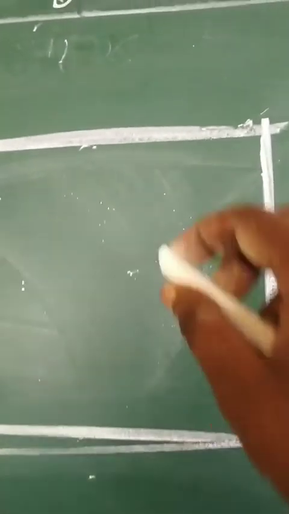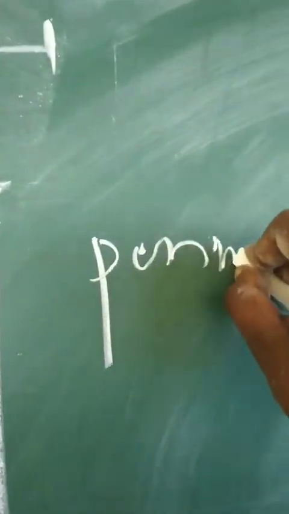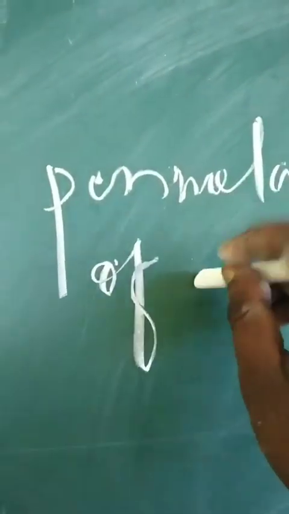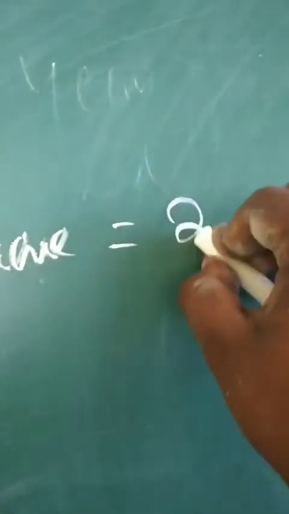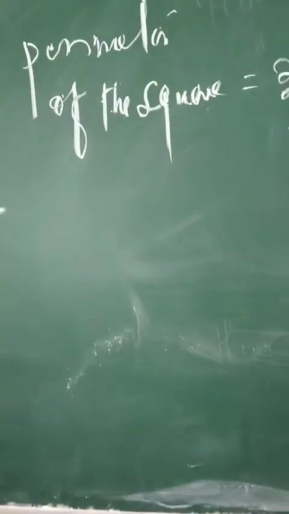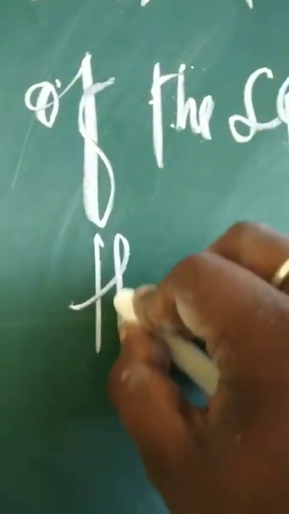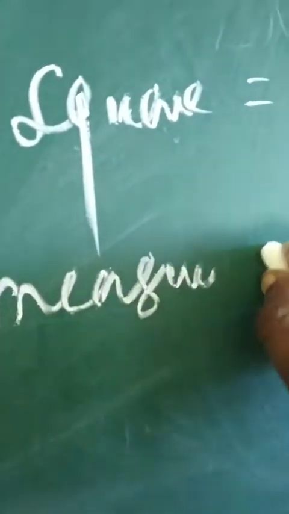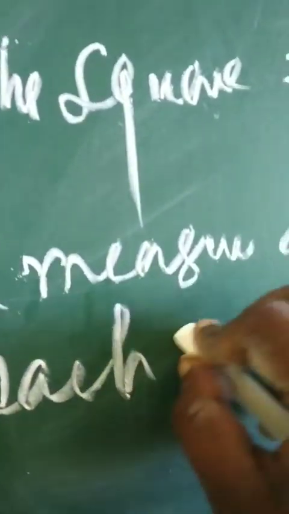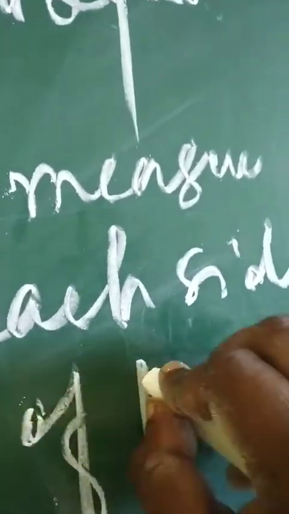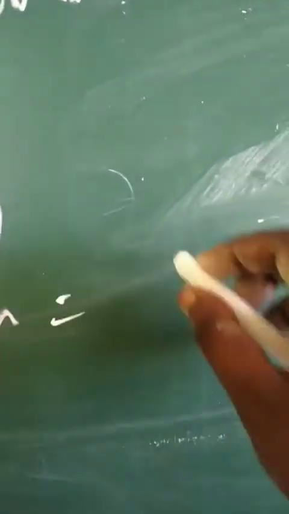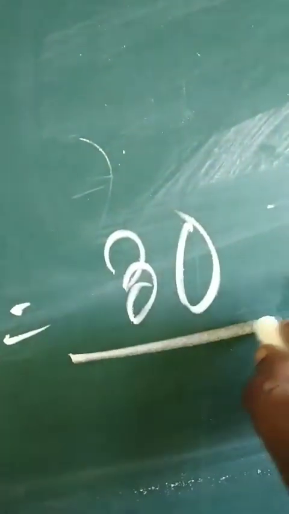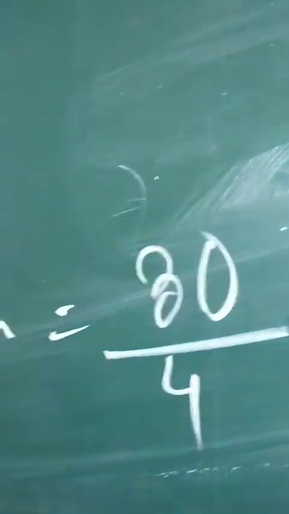So we can simply say the perimeter of the square is equal to 30 centimeter. Now, the measure of each side of the square is equal to 30 divided by 4.